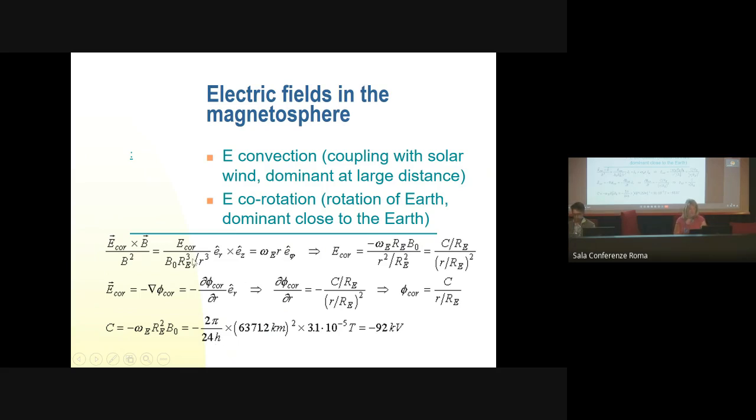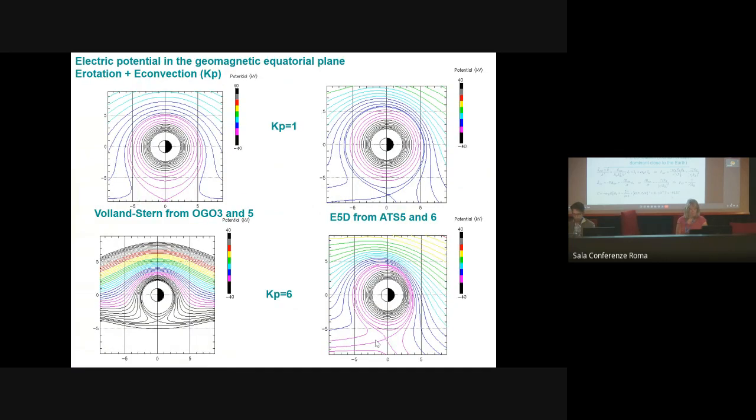The magnetic field you can replace, for instance, by the dipole magnetic field, decreasing as the cube of the radial distance, and then you can find the value of the co-rotation electric field or the co-rotation potential at any distance and magnetic latitude.